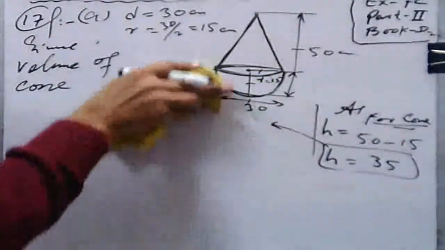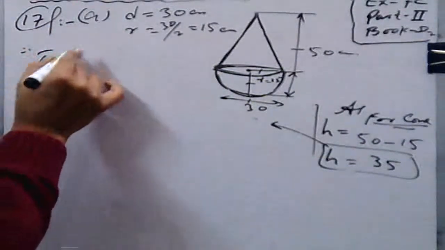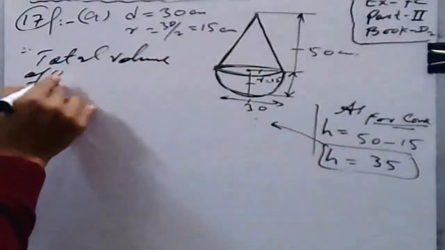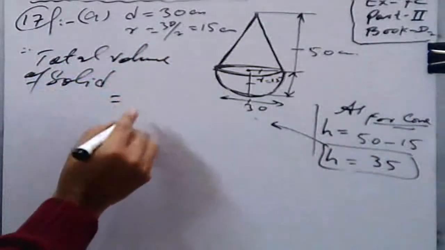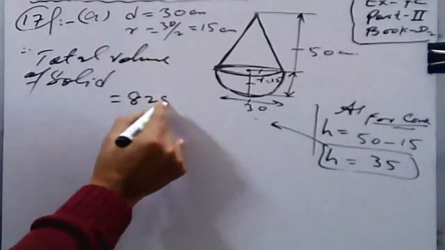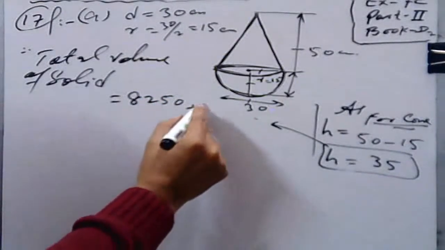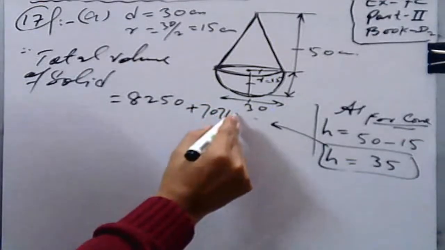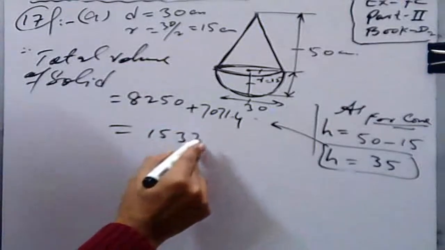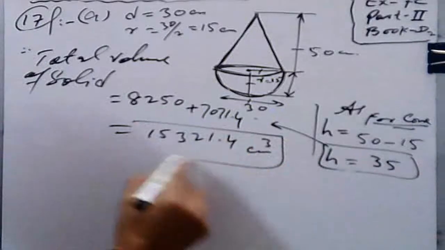Therefore total volume of solid or given figure, you should add the volume of cone plus volume of hemisphere, 7071.4. So after adding you will get 15321.4 centimeter cube. So that is your required answer, total volume of the given solid.